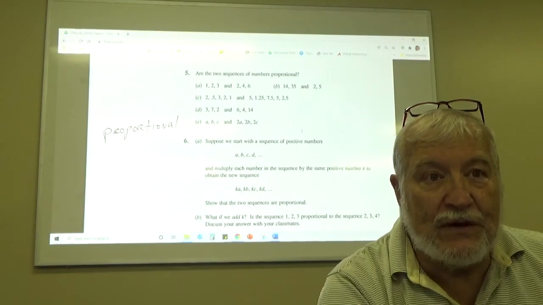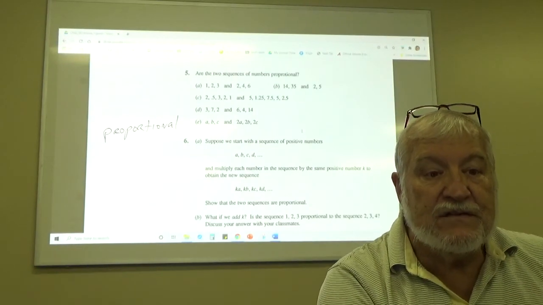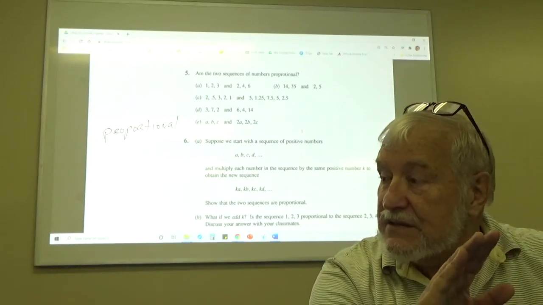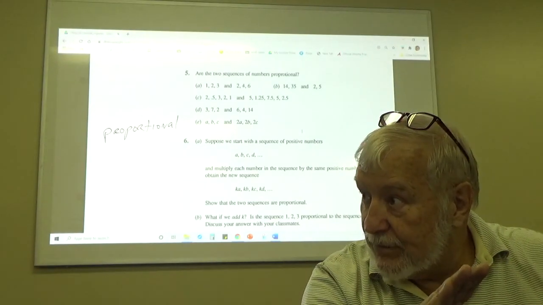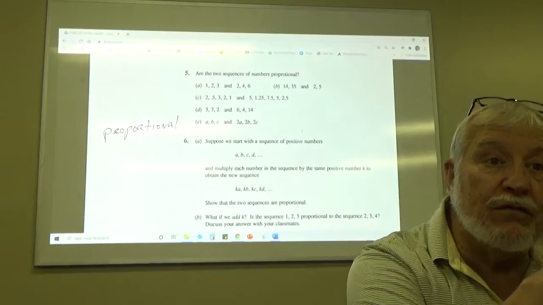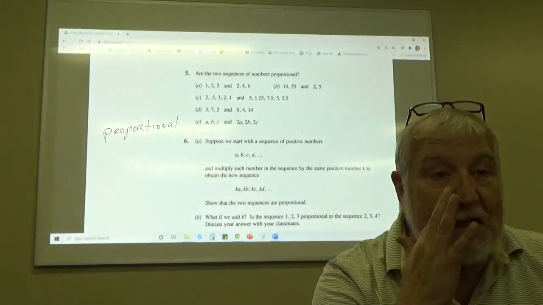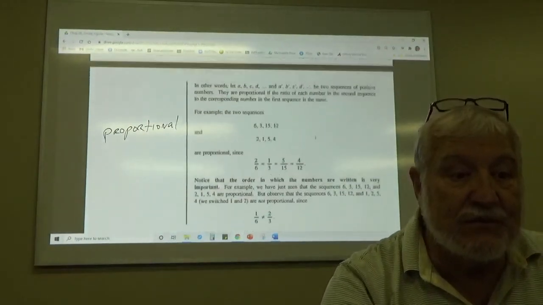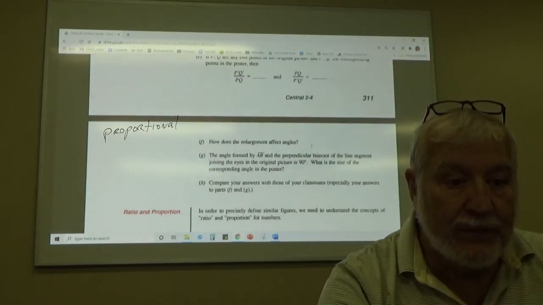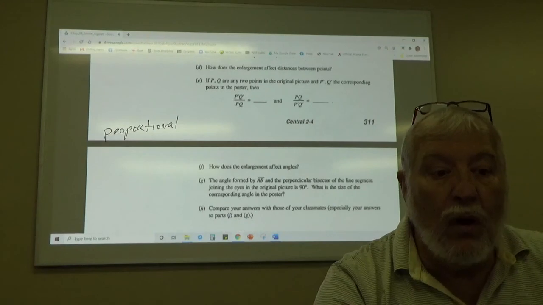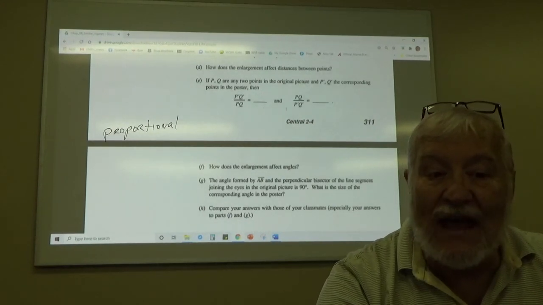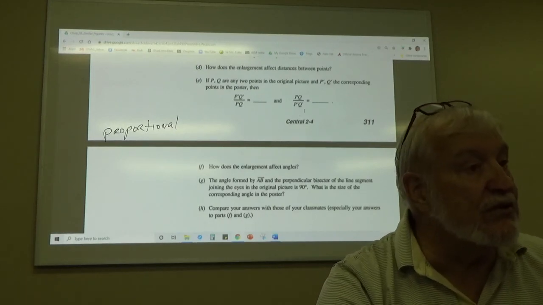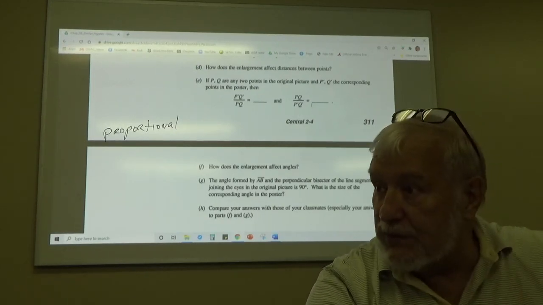And 5 times what is 35? 7. So going from the smallest to the biggest is 7 times. And going from the biggest to the smallest is 1 over 7. That's what this last one was showing us here. That one was 1/2 and the other was 2 over 1. Right, because it's the same proportion, it's just going from big to smaller, from smaller to big.